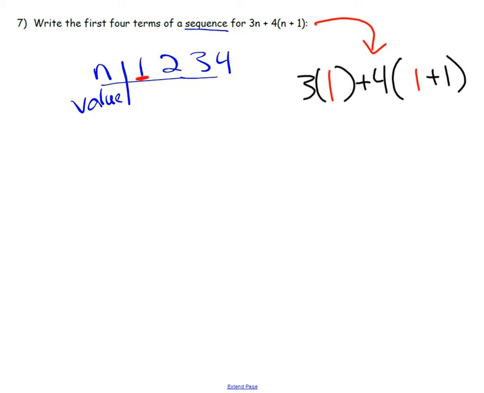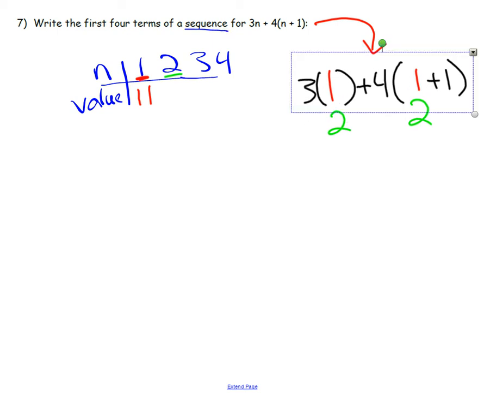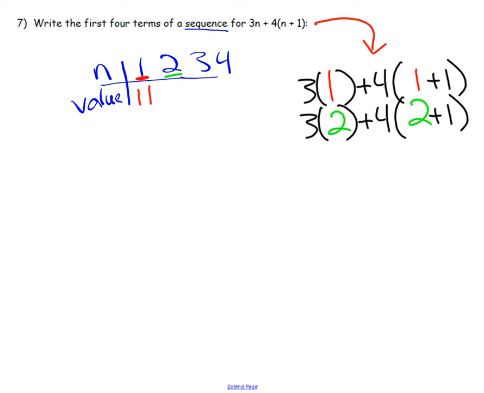Be quiet. This does work out to 11. So now we do the same thing with the same expression. 2 plus 1, that's 3, times 4.